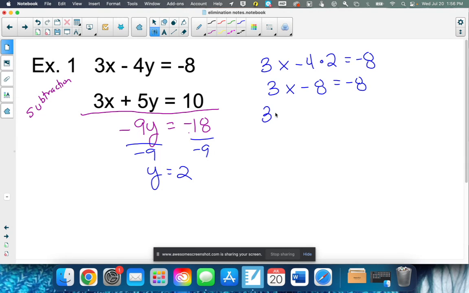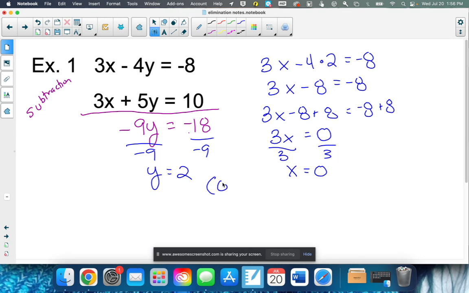And to solve it, I need to add 8 to both sides. And I get 3x, zero pair, equals, oh, that's also a zero pair. So I have 3x is equal to 0, which means if I divide by 3, x should also equal 0. So my ordered pair, my solution, is 0, 2.